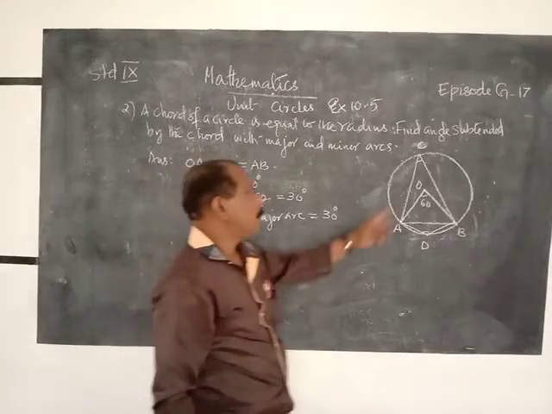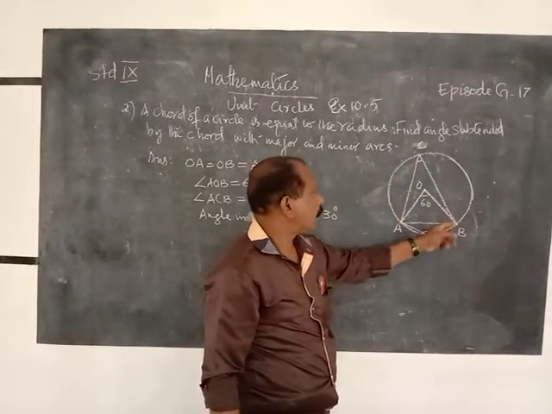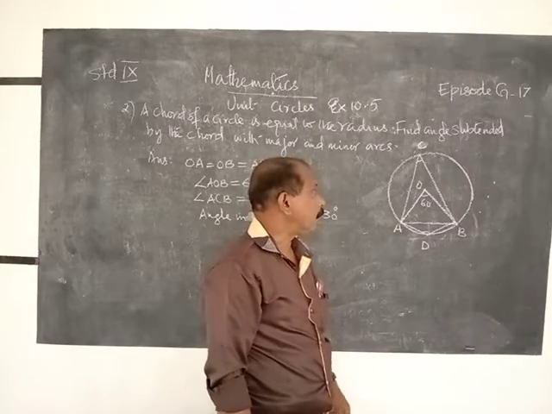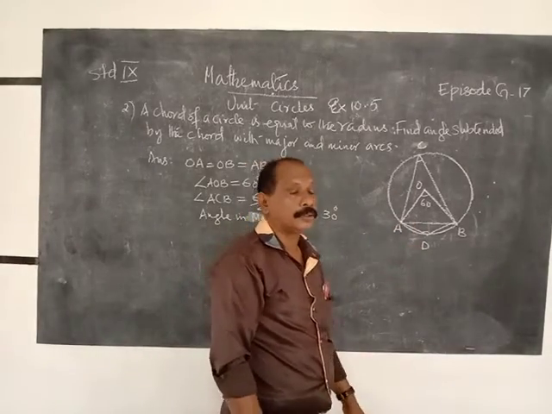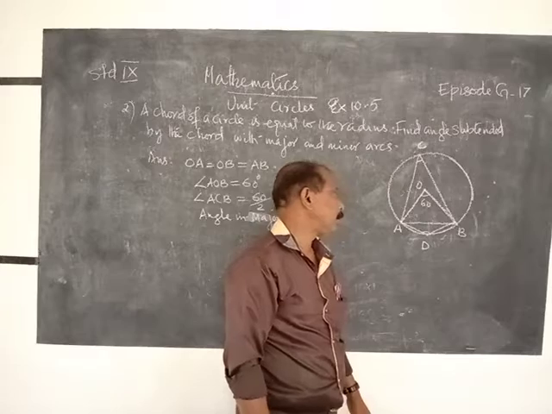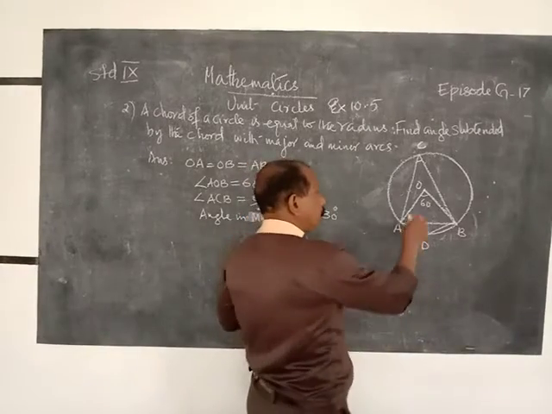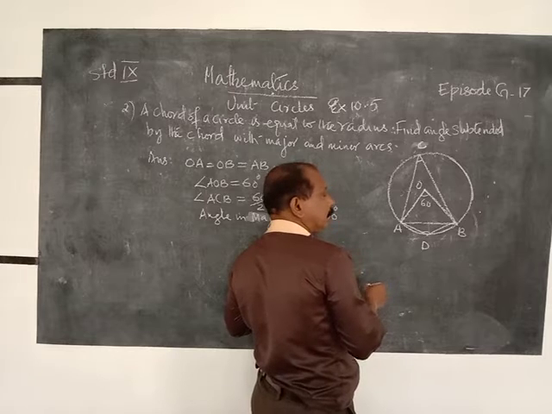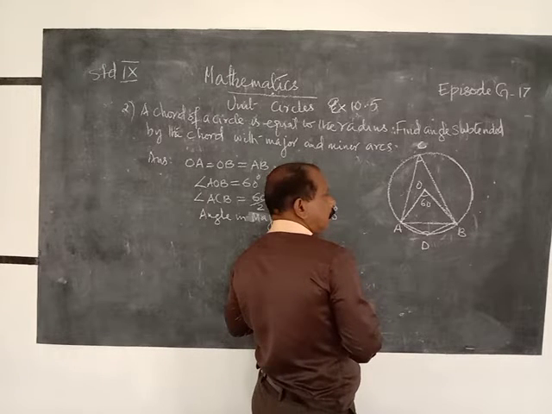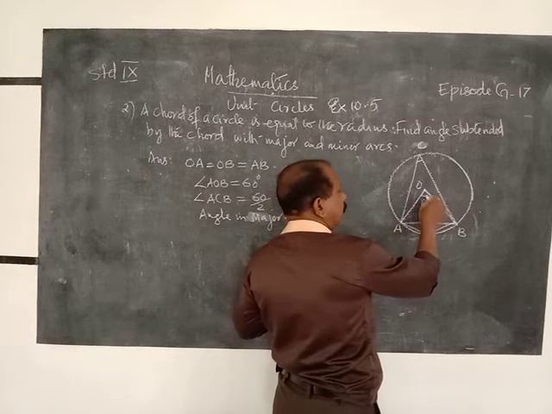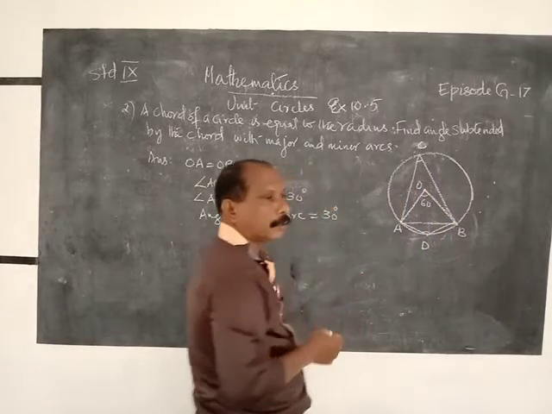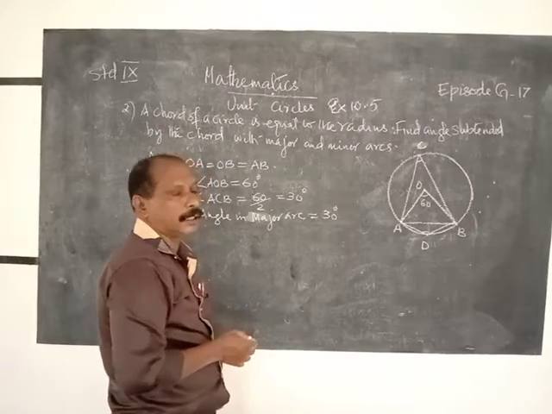Listen, this is a cyclic quadrilateral. The sum of the opposite angles is 180 degrees. One angle is 30, the other angle is 180 minus 30, which is 150. Or, this reflex angle is 360 minus 60, that is 300.